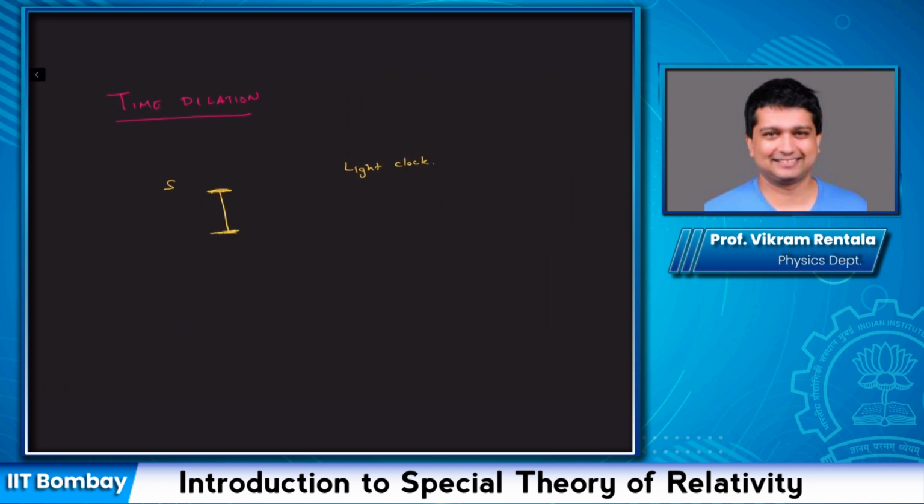So imagine a setup where I have two mirrors, one mirror here and one mirror over here, and I shoot a light beam upwards, and the separation between them is known, of some length L, and this light beam goes up and gets reflected back down, and the time it takes to travel up and back down, I call that time 2L by c.